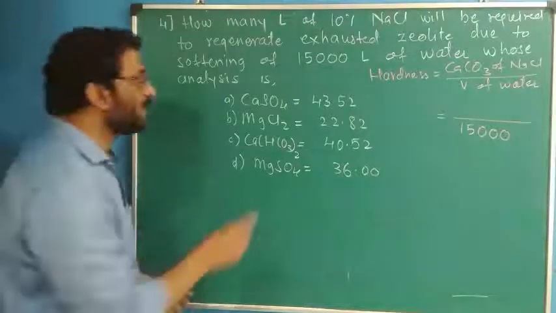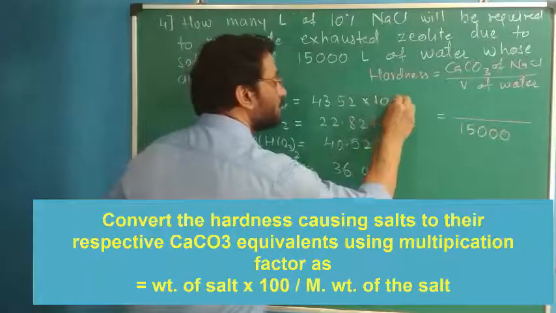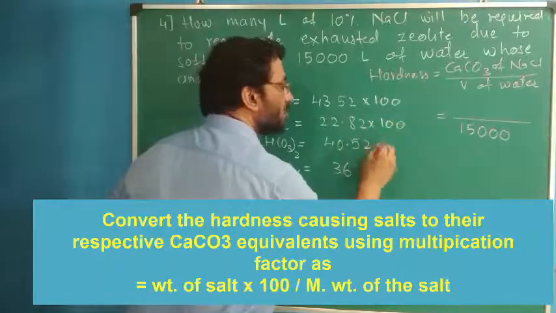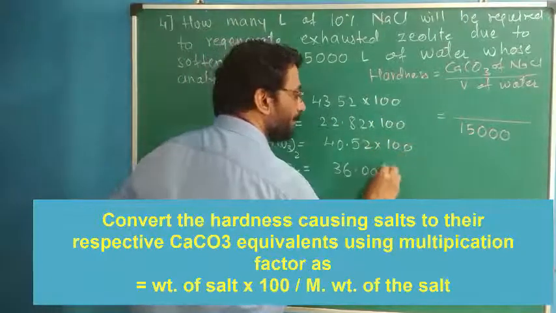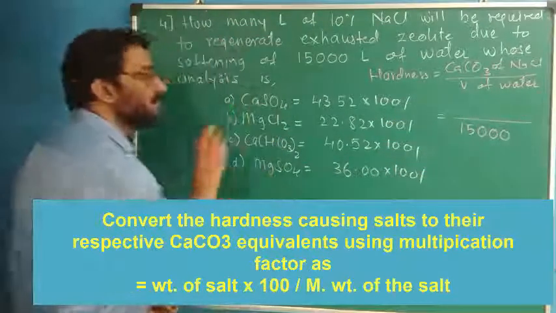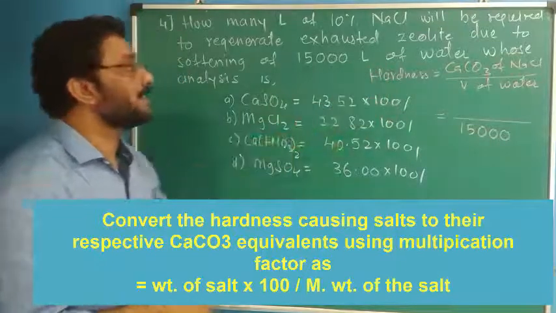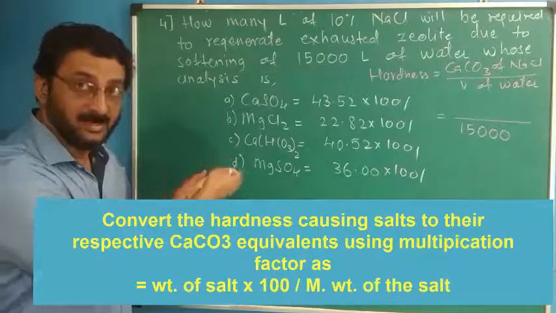How to convert that? Weight of the salt into 100, that is molecular weight of CaCO3, divided by molecular weight of the salts. That you can easily find out. That will give hardness of the water per liter right now.